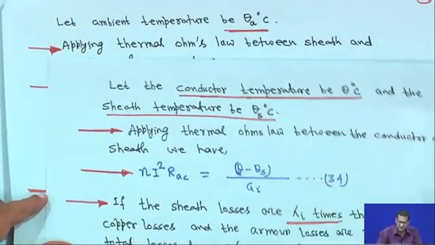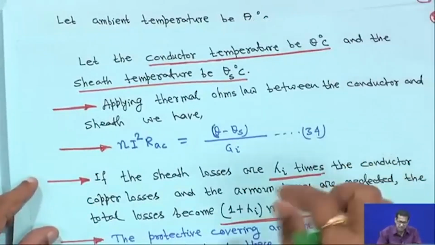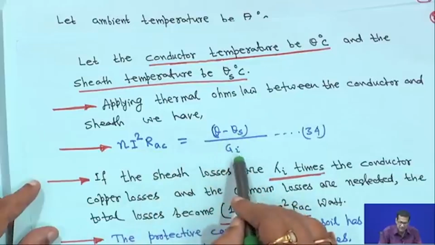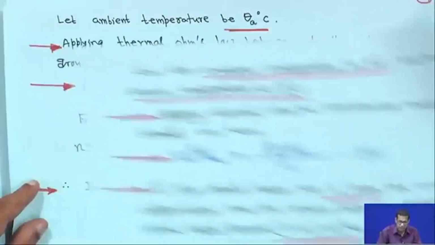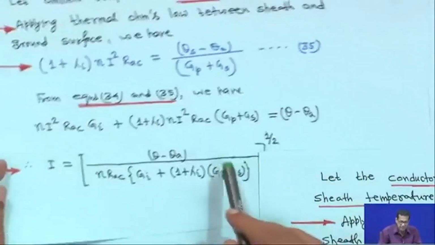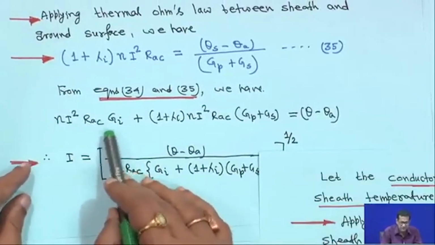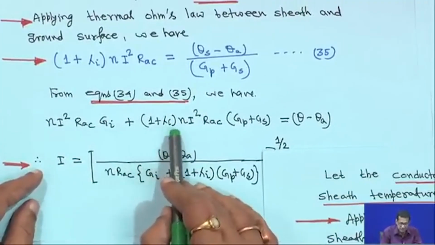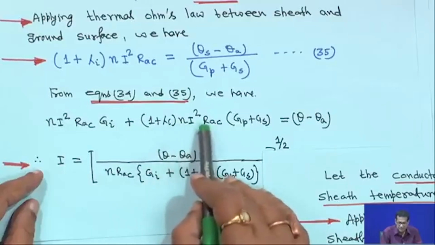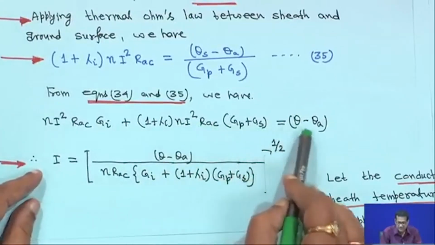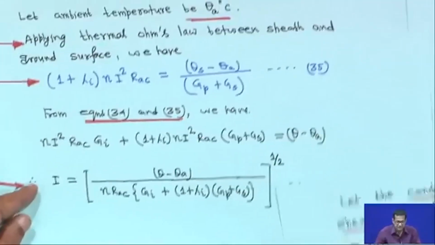From equations 34 and 35 you can make it like this. Equation 34 is theta minus theta s is equal to Gi n I square R A C, and I will show you how we are getting n I square R A C Gi plus 1 plus lambda I into n I square R A C bracket Gp plus Gs is equal to theta minus theta a.